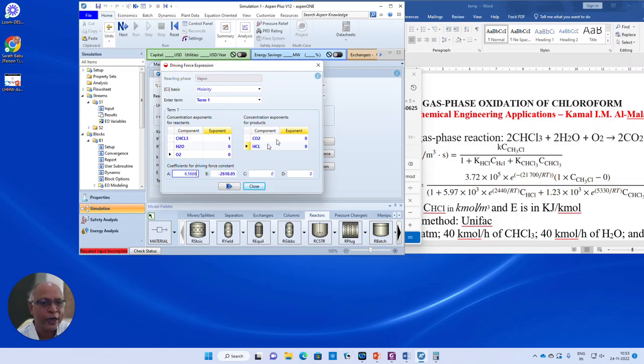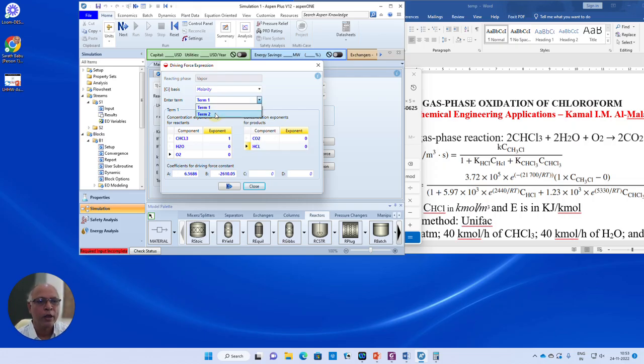So we have defined the exponents in the driving force term, term 1, and also the values of A and B depending on the rate constant. Logarithm of 3.72 into 10 power 5 is 6.5686, and this will be minus of 21,700 by R, which will give you minus 2610.05 by T. In fact, in that expression, you are supposed to give A plus B by T. The values of A and B must be mentioned in that way. That takes care of term 1.